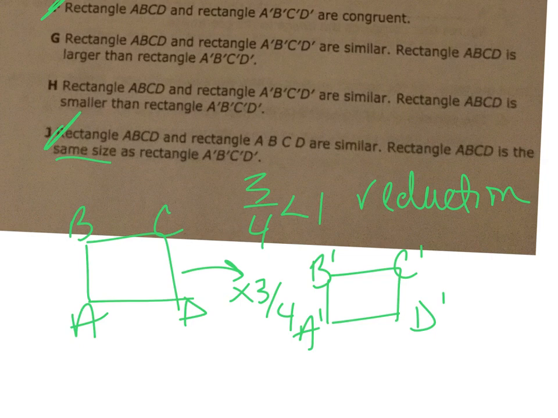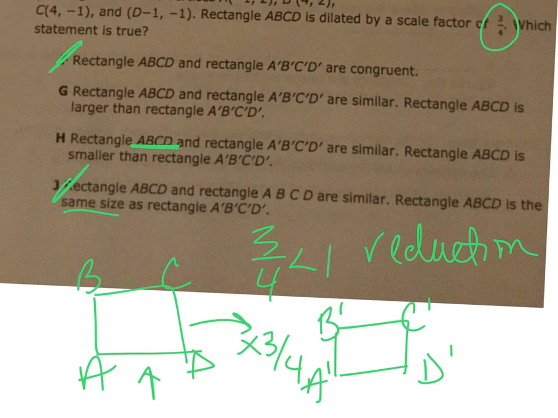G says that A, B, C, D, this one, is larger. This one, H, says that this one is smaller. So the answer is actually G, since we're talking about the original being larger than the dilation, because the dilation is smaller since 3/4 is less than 1. So you need to make sure you read carefully.